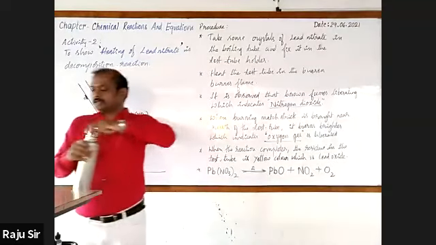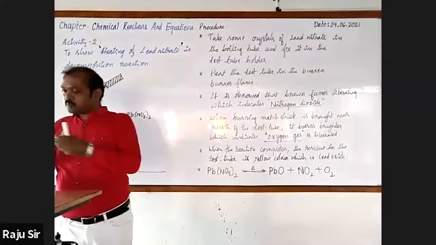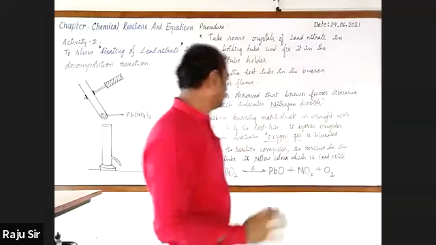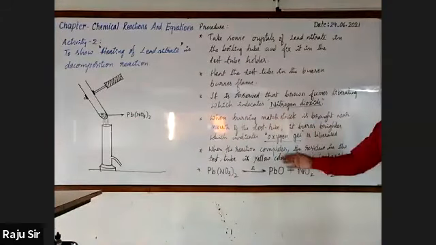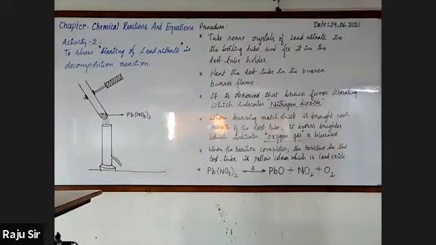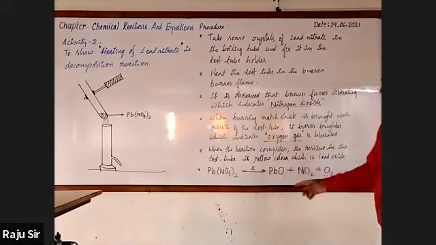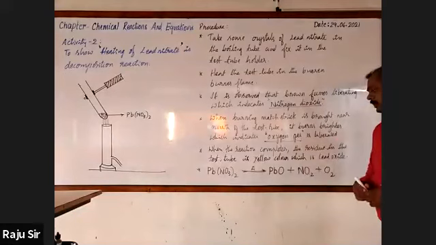Now let's go for balancing. Which is to be considered for balancing? Nitrogen, sir. Very good. Here it is 2, here it is 1.